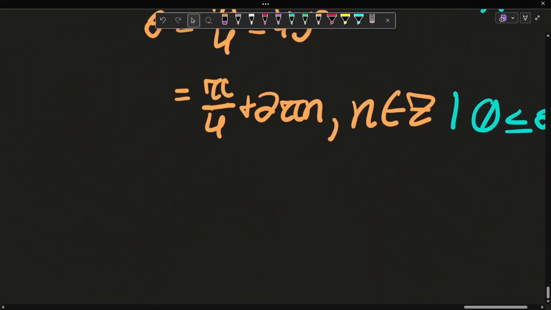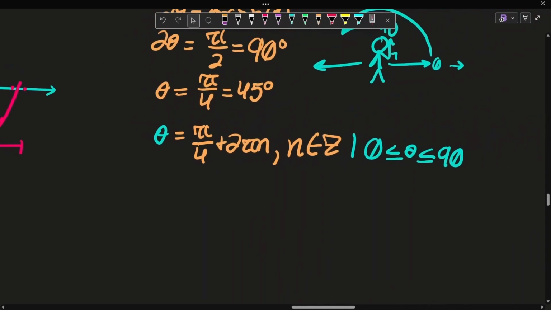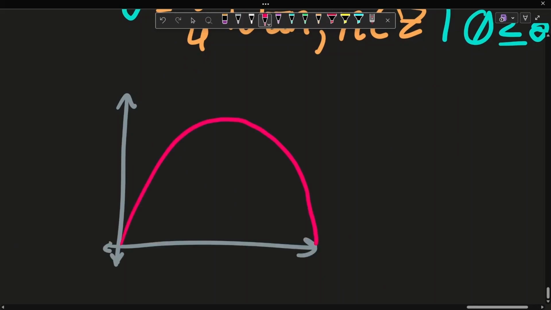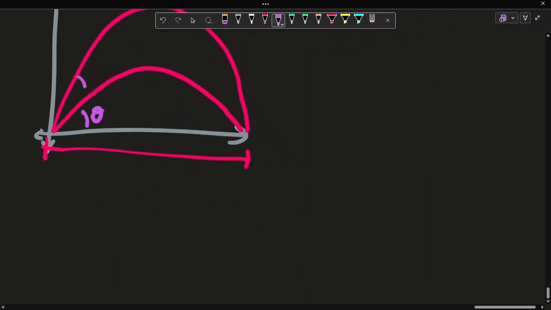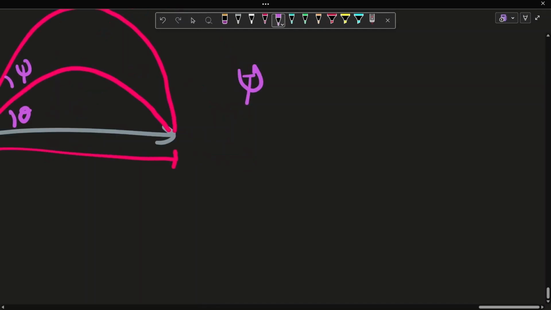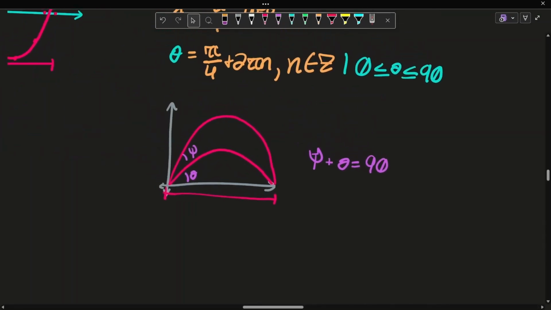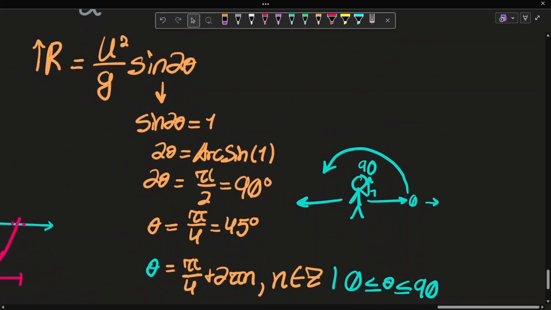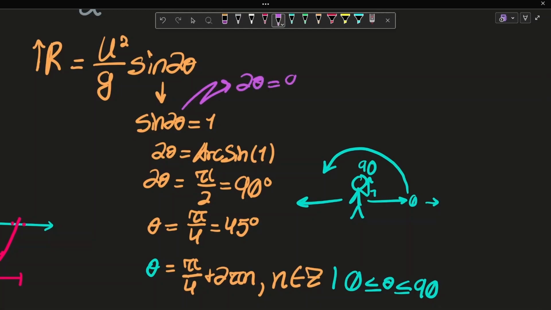So basically the final point is that if you ever have a problem telling us that objects are being thrown at different angles, but they have the same range, these two thetas, say theta and phi, the sum of theta and phi will always be 90 degrees. Because that 90 is what makes our function equal to 1. All that's saying is that 2 theta has to equal 90. Of course, theta equals 45.